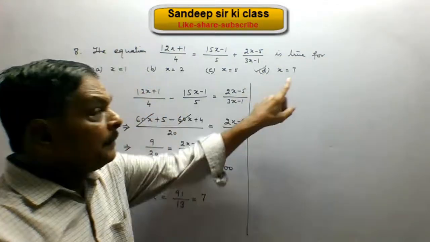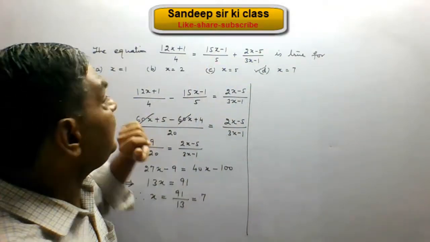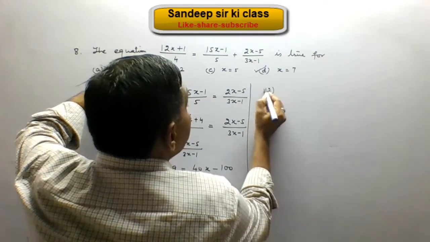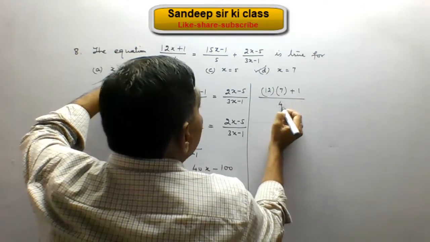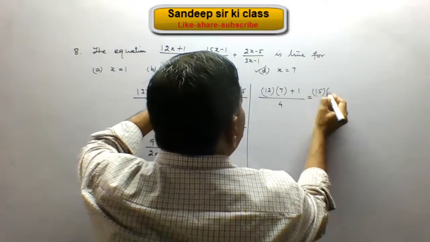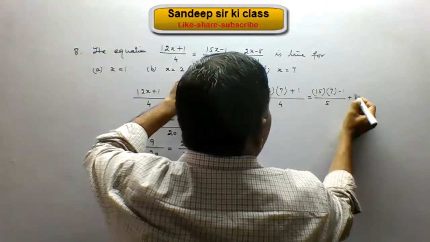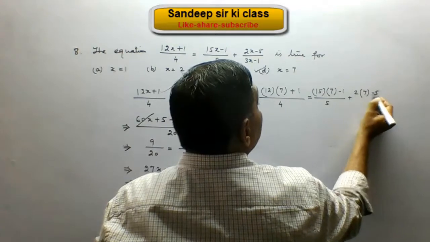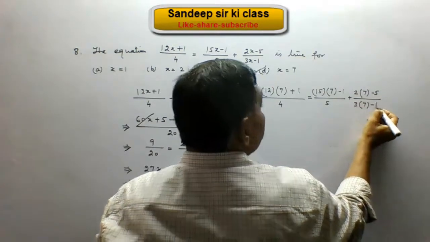Now, when we put x equal to 7 in this equation, it should be satisfied. So (12 into 7 plus 1) upon 4 should be equal to (15 into 7 minus 1) upon 5 plus (2 in place of x we write 7) minus 5 upon (3 in place of x we are writing 7) minus 1.